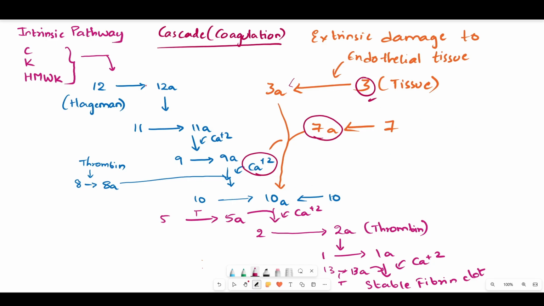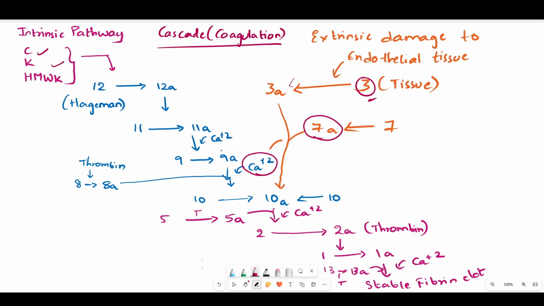And coming to the intrinsic pathway, this will begin whenever factor 12, which is the Hageman factor, gets exposed to collagen or kallikrein or HMWK, which is nothing but high molecular weight kininogen. All these three together will activate factor 12 into 12A. Now this 12A factor will further activate 11 to 11A.